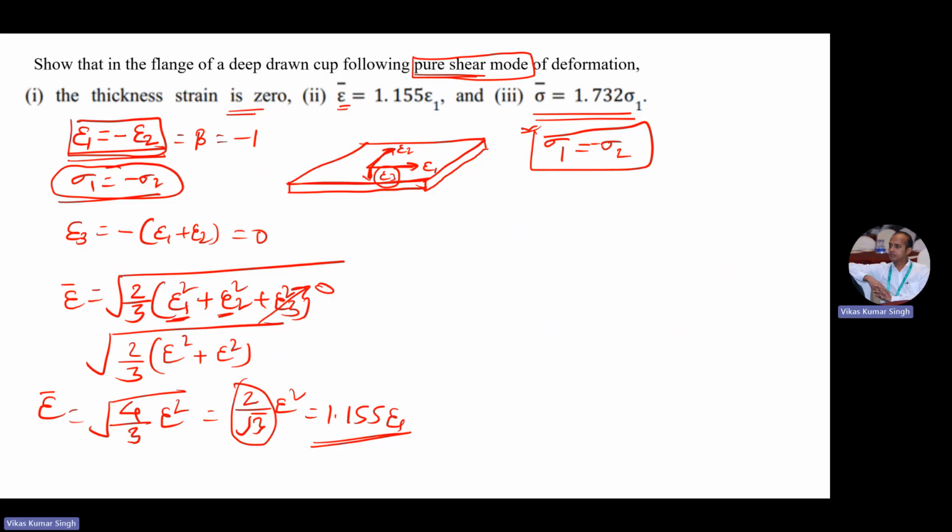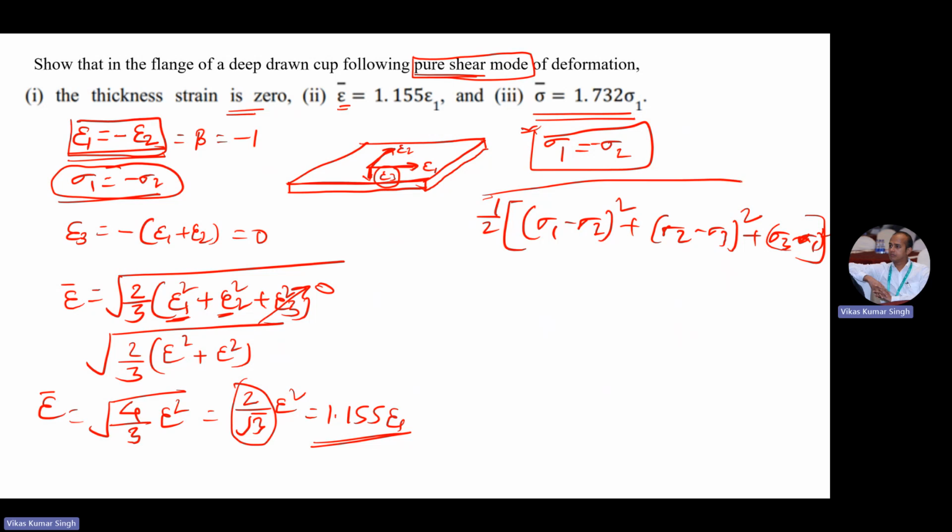Once this is done, if you are following the von Mises equivalent stress condition, this is the root of (sigma 1 minus sigma 2) square plus (sigma 2 minus sigma 3) square plus (sigma 3 minus sigma 1) square. You convert this formula in terms of alpha, where alpha is sigma 2 by sigma 1.